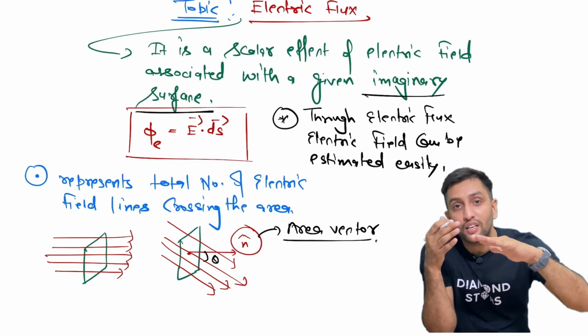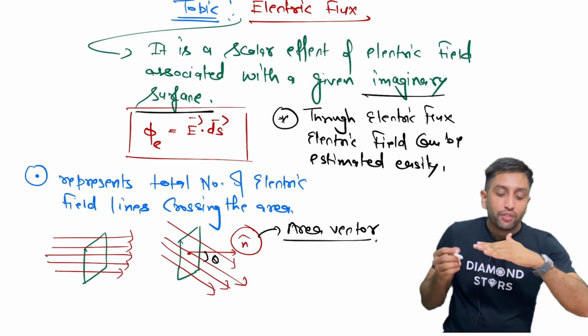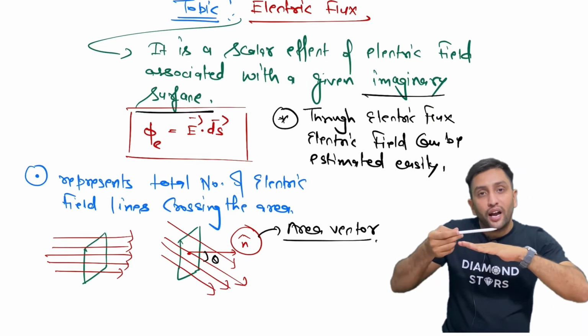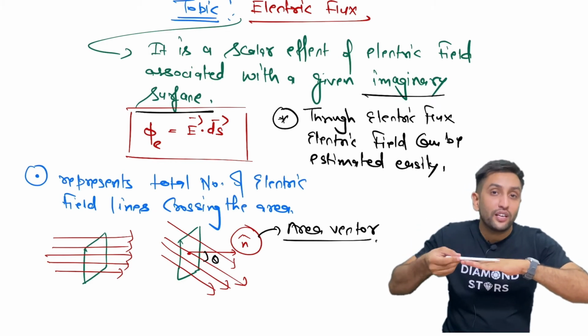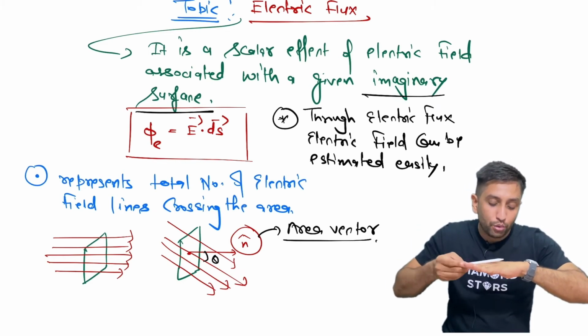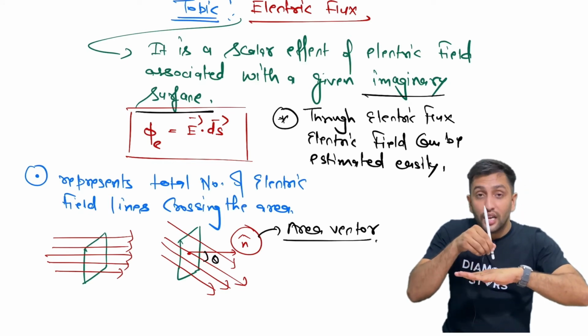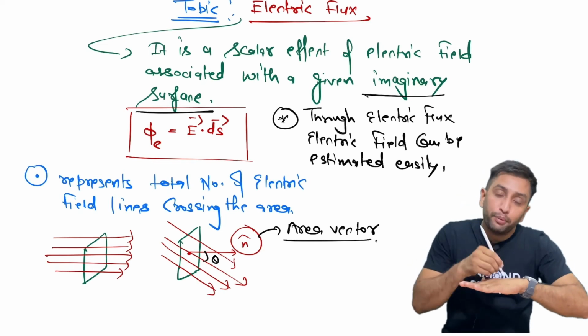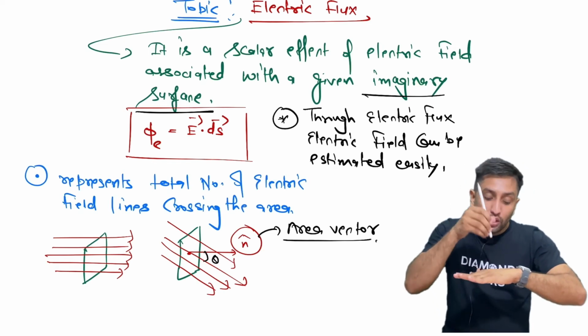So don't consider that area is a vector. Please, I repeat my point: whenever there is a reference of that surface for the direction of any quantity which is a vector, in that case you take the area as a vector quantity. And this area vector is always represented by the direction which is perpendicular to that surface.